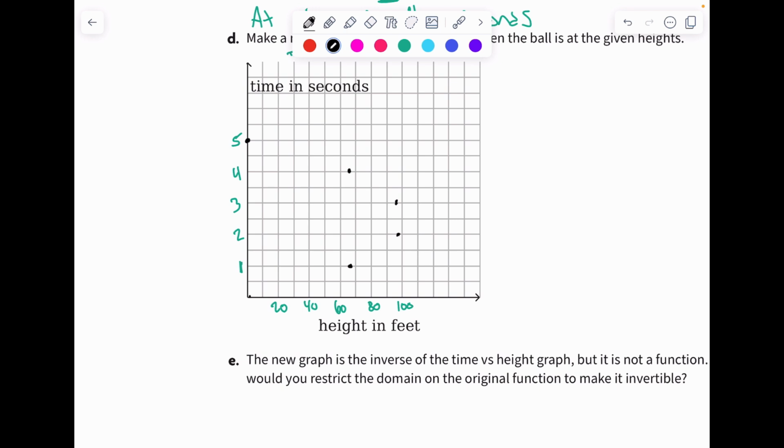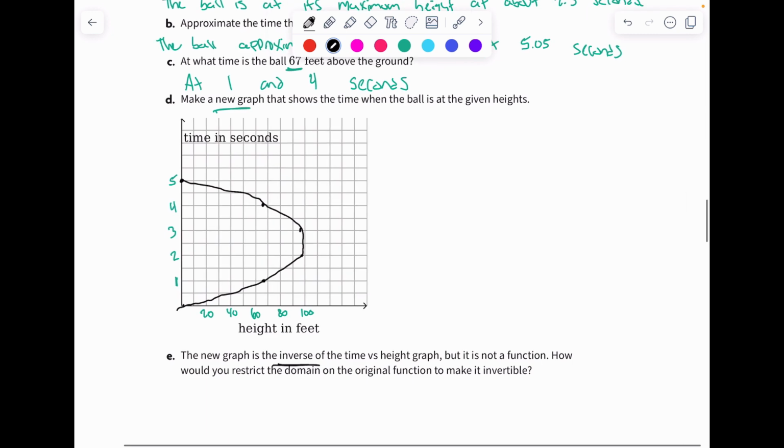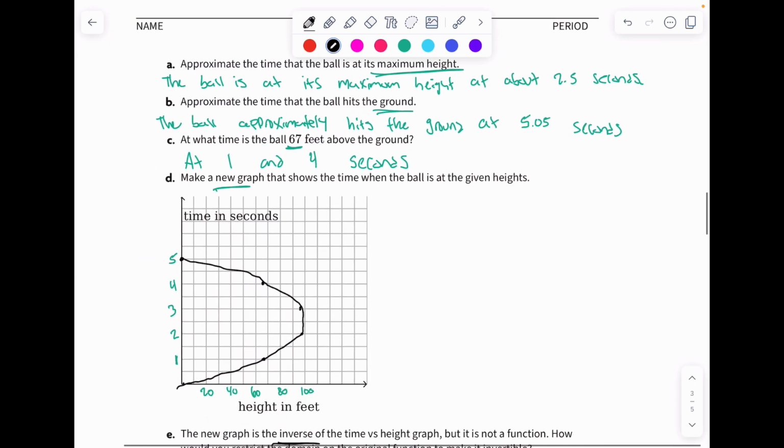Okay, so I'm going to connect some of these dots, and I hope you can kind of see the shape already. And I'm not the best person at connecting dots, but it's something like that. Okay. This is what it would look like. So the new graph is the inverse of the height, right? And that should be a little bit more clear now, because before I had my time, comma, height.